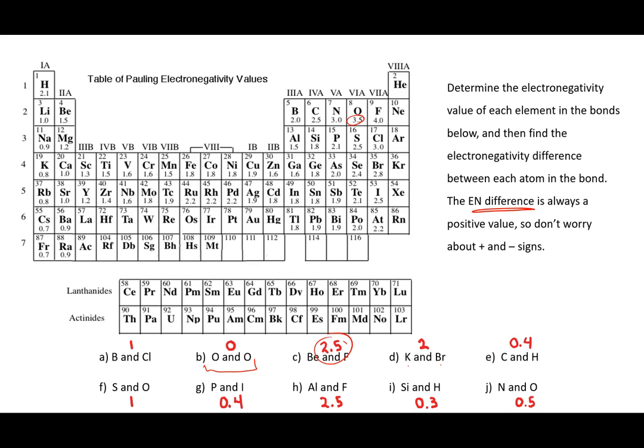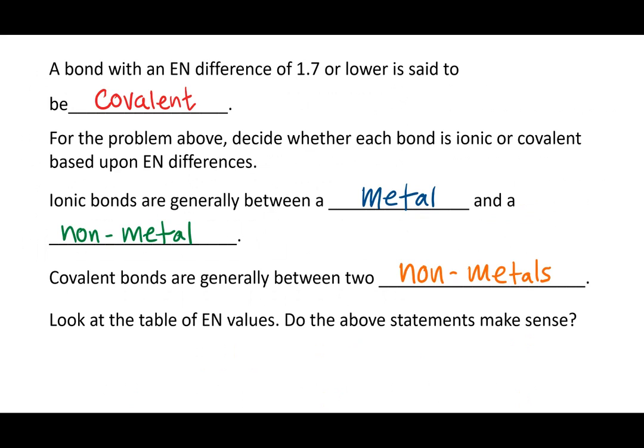What is the point of finding these values? Well, a bond with an electronegativity difference of 1.7 or lower, so X is going to be in this inequality, such as we can see here.